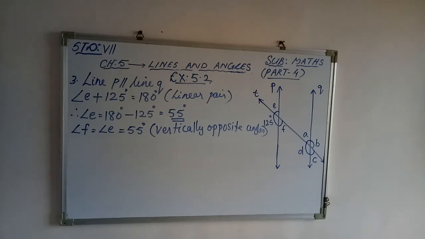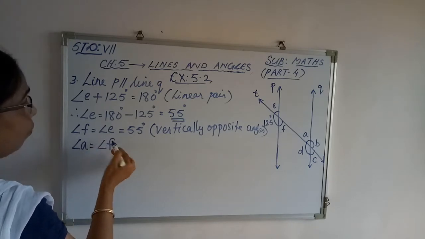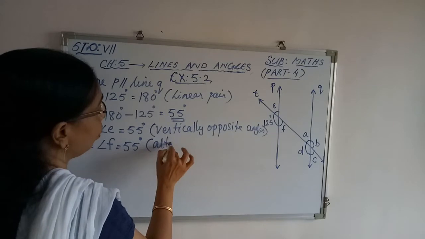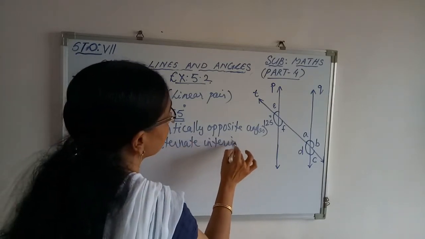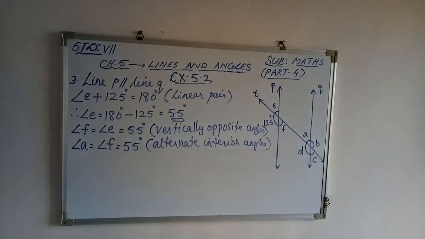So we can write angle A is equal to angle F. What is angle F? That is 55 degrees. Reason? Alternate interior angles.